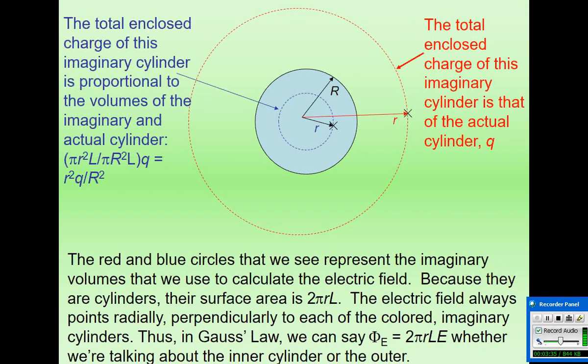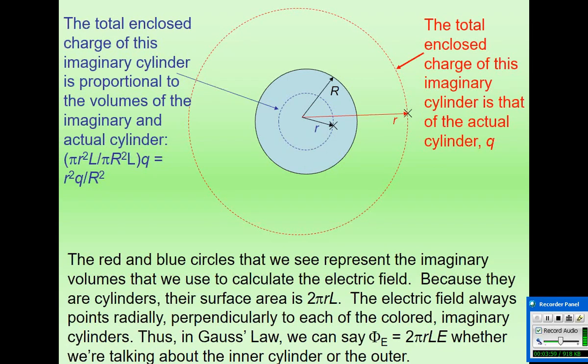But it's different for the imaginary cylinder represented by the blue dashed circle. If you look at the figure, you'll see that the blue dashed circle has a radius that is less than the radius of the actual cylinder. That means that this imaginary blue cylinder does not encompass the entire charge.